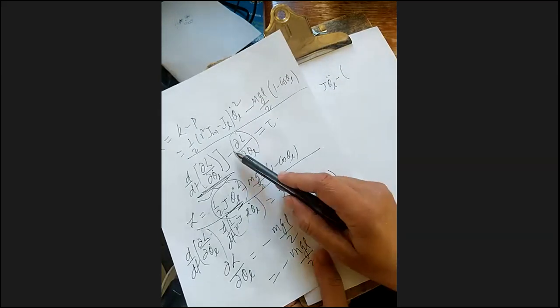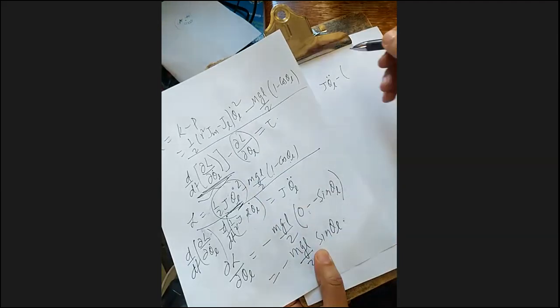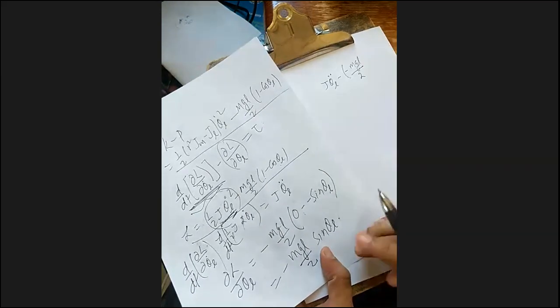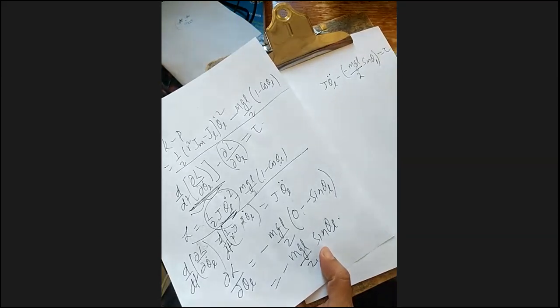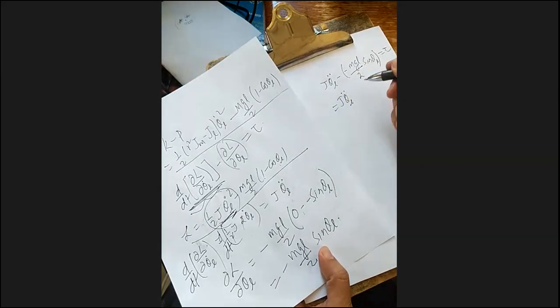This is from the formula, this is from the derivative. So you have minus minus mgl divided by 2 sine theta L equals tau. So which is J theta L double dot plus mgl divided by 2 sine theta L equals tau.